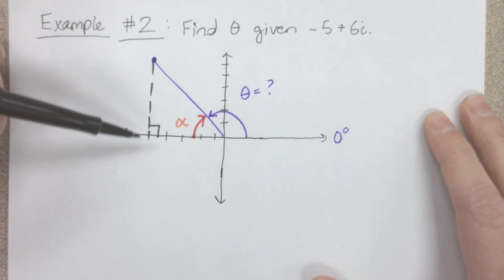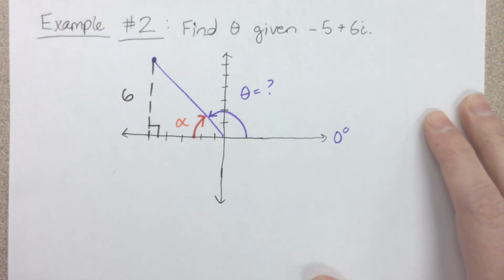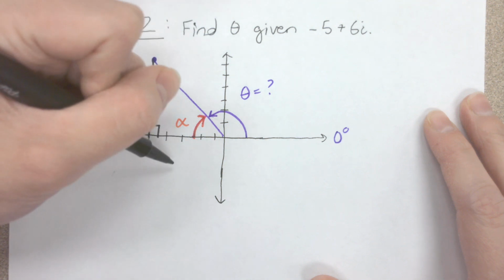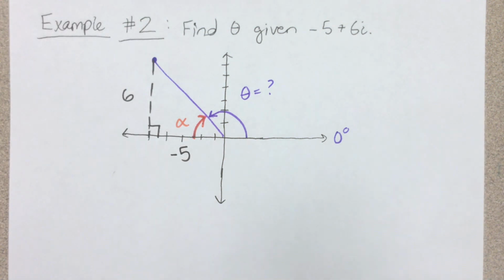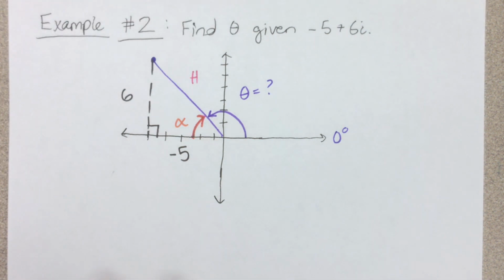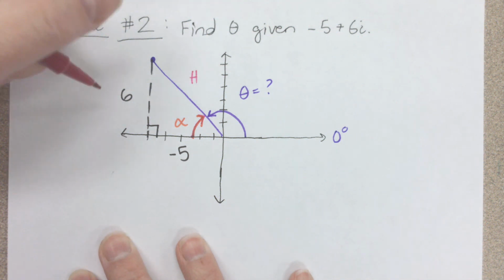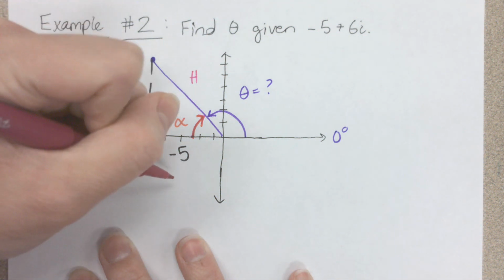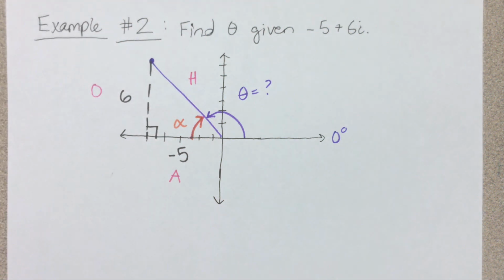Let's go ahead and fill in the side lengths. We know that the vertical is +6. We went up 6, and then we went left 5, so that was -5 on the horizontal. Labeling the HOA, hypotenuse is always in the same place, across from 90. Opposite the alpha is the 6, and then adjacent is -5.